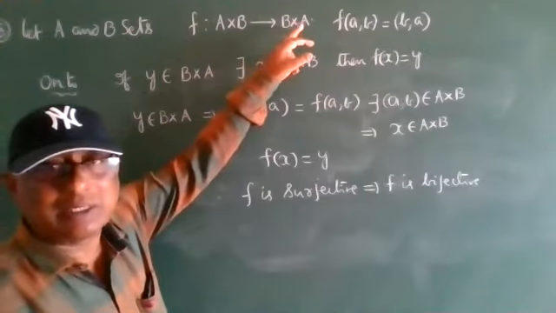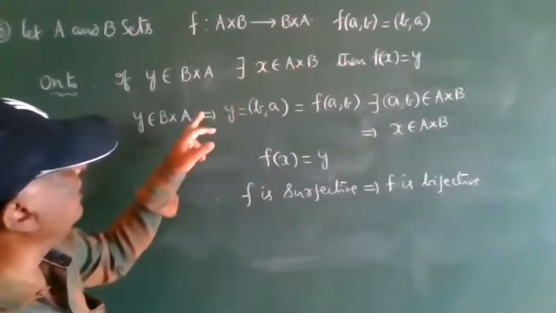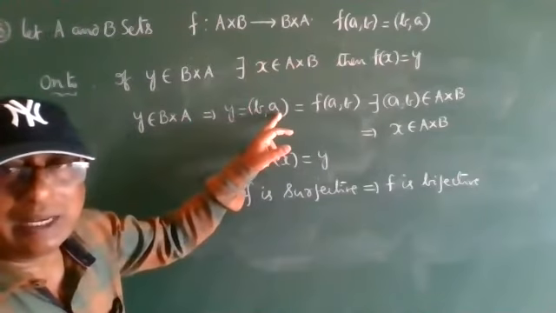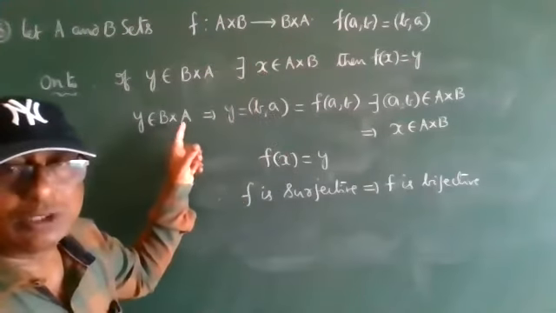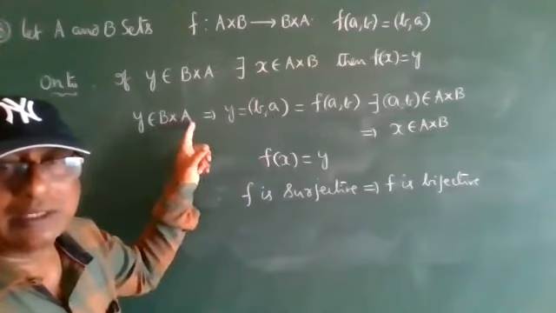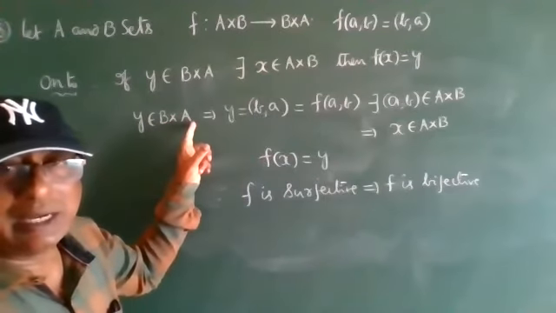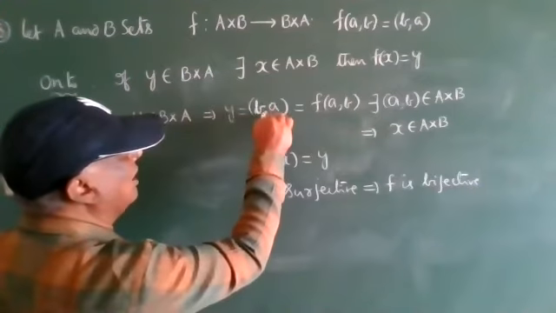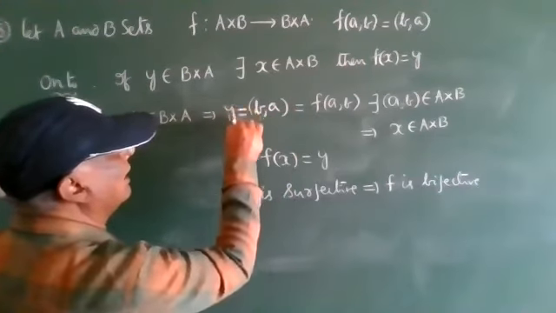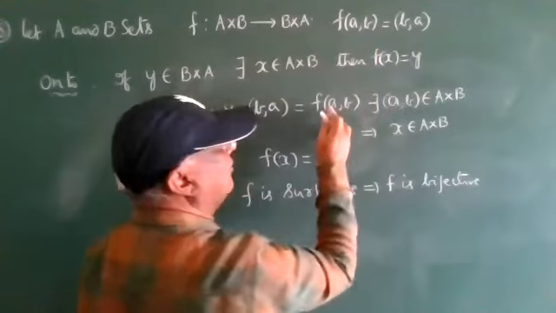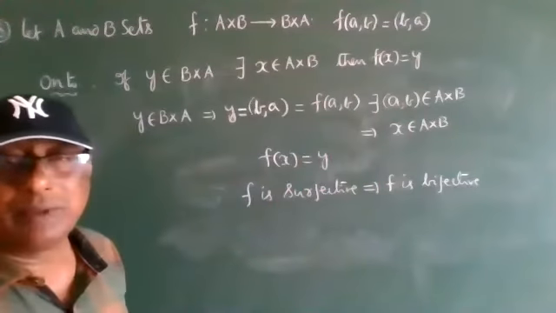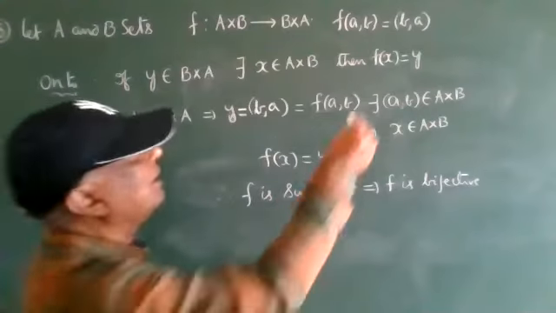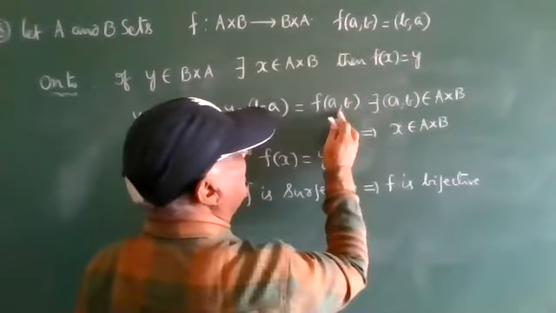First element is B, second element is A. So y is equal to (b, a), because y belongs to B cross A. (b, a) is f of (a, b). Understand?